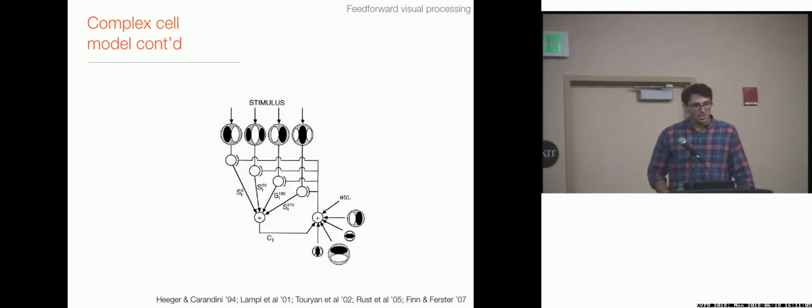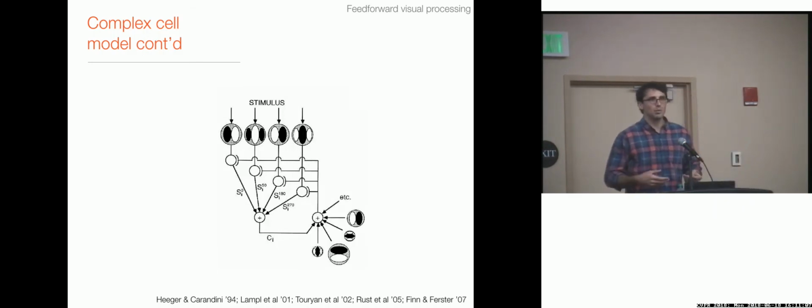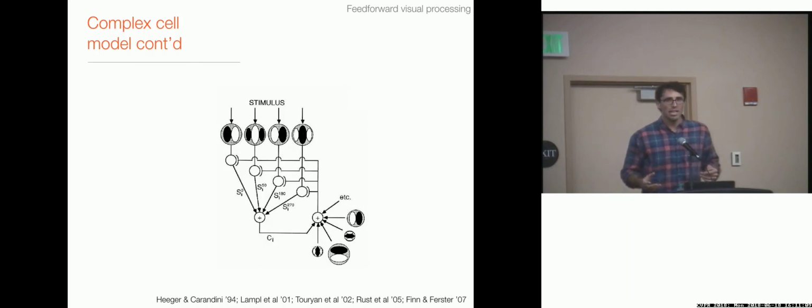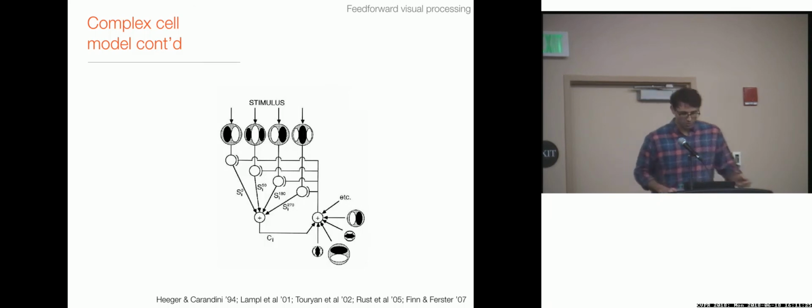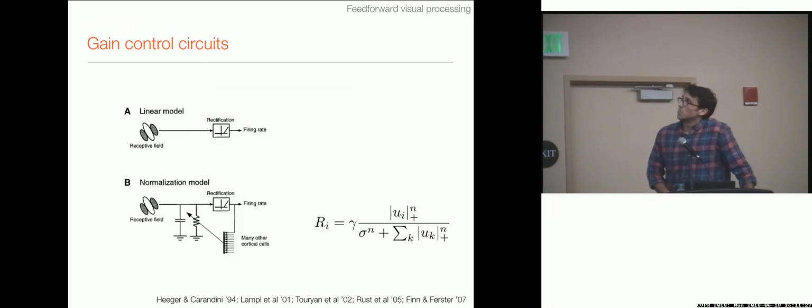But something else I need to mention before going into characterizing this pooling function is another bit of complexity in visual cortex, which is still a wide open question. I will just touch on it because it's quite important for coming to some consensus about the kinds of pooling functions that can be implemented in visual cortex. This is called normalization.